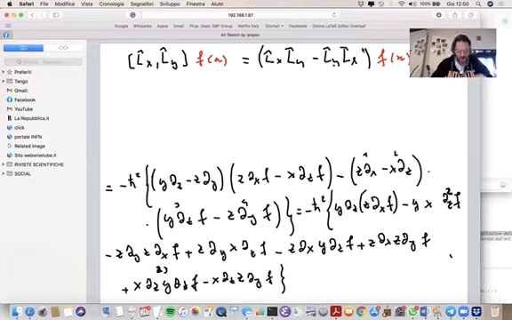Okay. Now the same happens here. This derivative with respect to y can be moved through, so I have a squared dy.